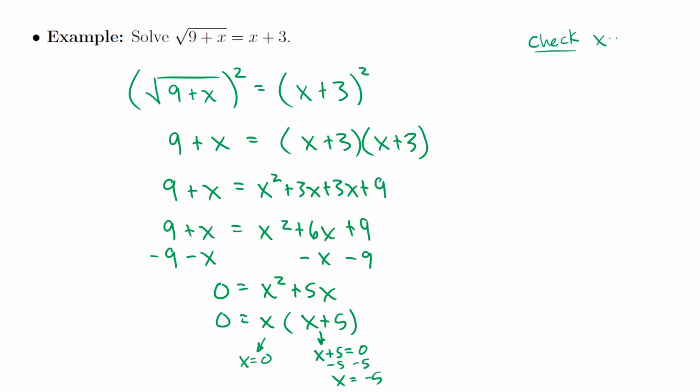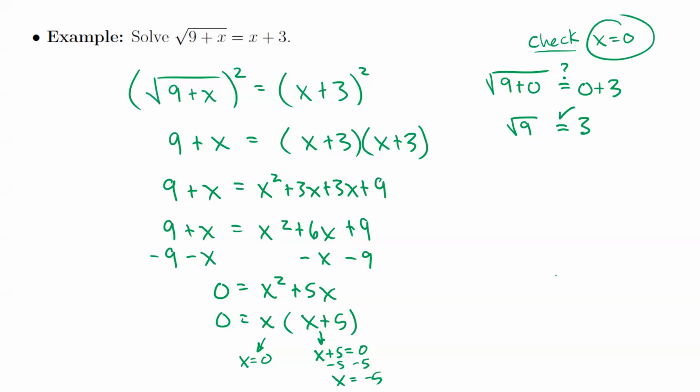So we'll check x equals 0 first. So if I plug in 0 for x, do I get a true statement? Well, yes, I do. So that means x equals 0 is definitely a solution. So let's check x equals negative 5.